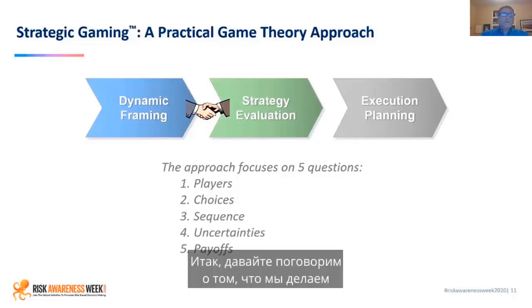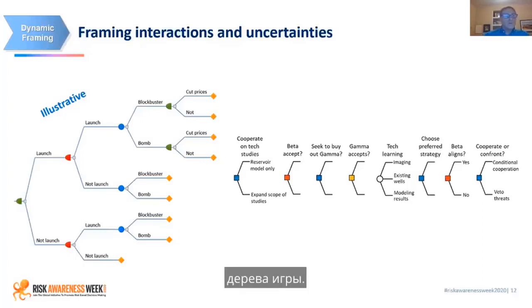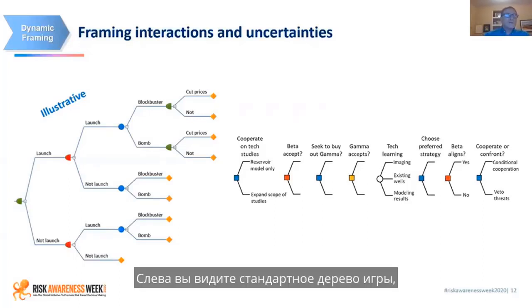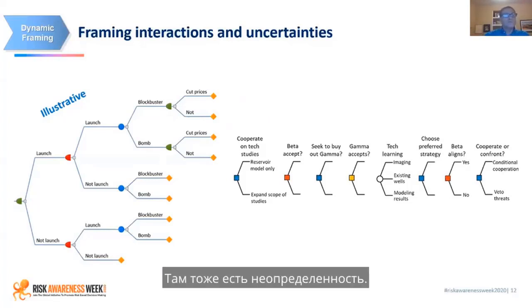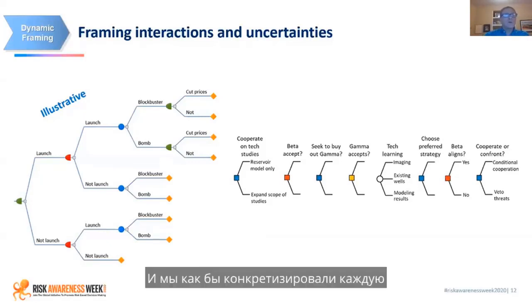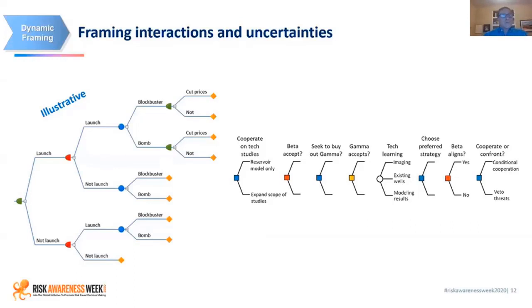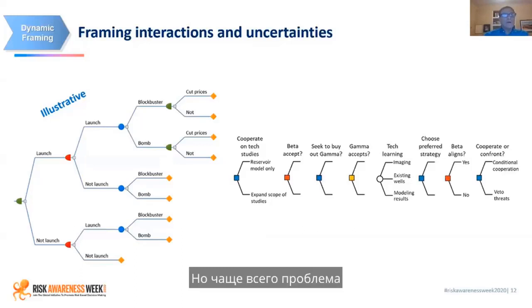So let's talk about what we do in framing, evaluation, and execution planning. The framing usually involves building a game tree of some sort. On the left, you see a standard game tree in which a green player and a red player have some moves. There's an uncertainty in there as well. And we've sort of fleshed out every branch of the tree. That may work for quite a number of issues, but in many cases, we have a lot more complexity than something like that.